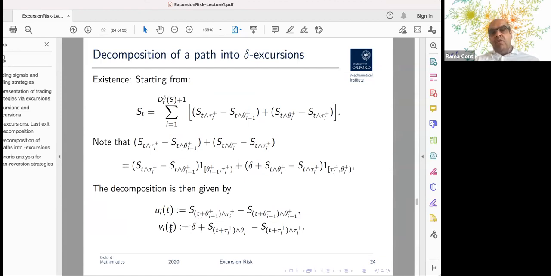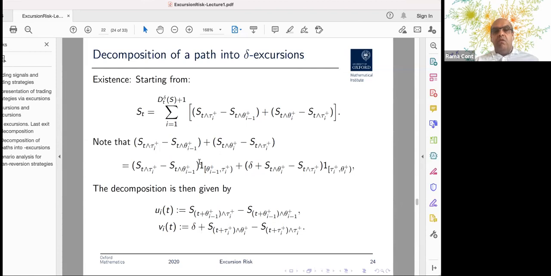And then from that point on, you start V, and if you want to normalize V to start from 0, you have to subtract delta here, and then you continue along the path S until you reach 0 again. So this gives you U_i and V_i.